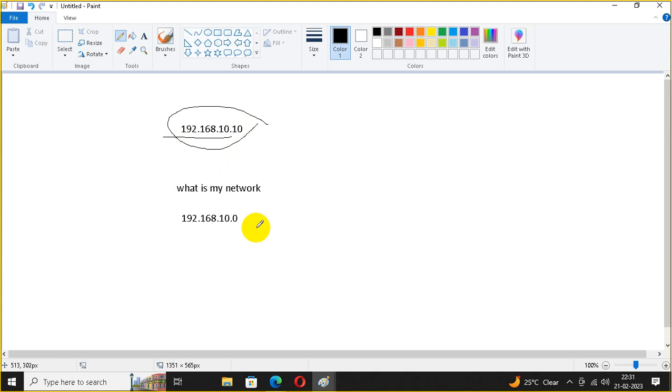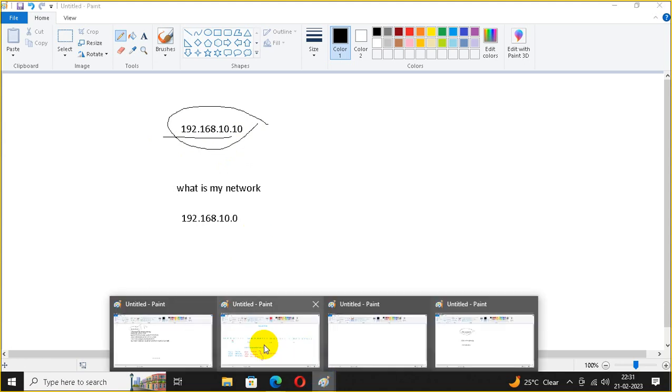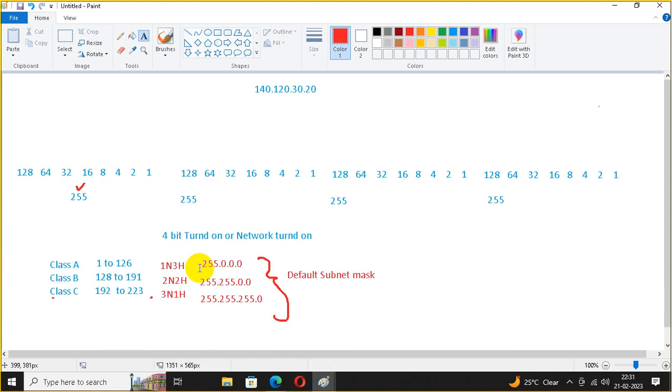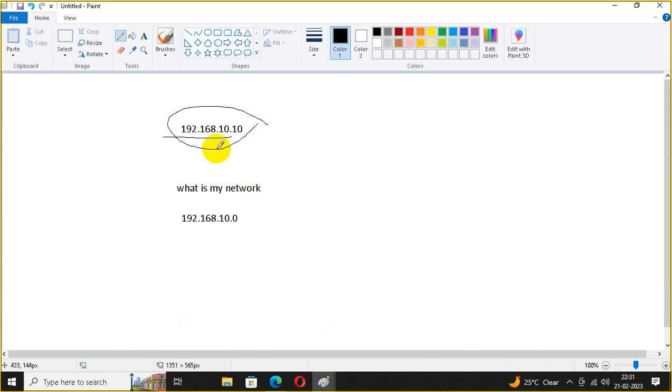I'm interrupting you. Actually, what is the structure? I don't understand about the structure. That's why I told you to take the screenshot. I am telling you the structure. Which class does this IP address belong to? C class.